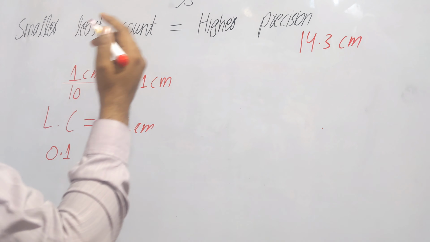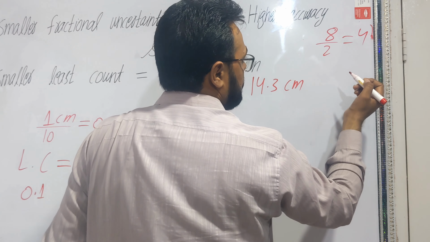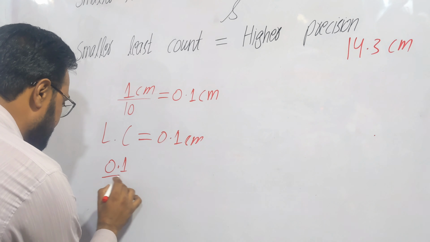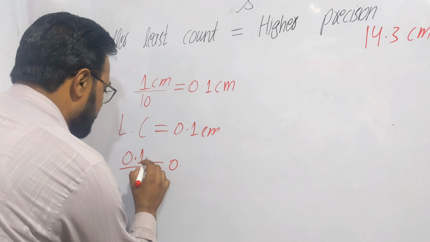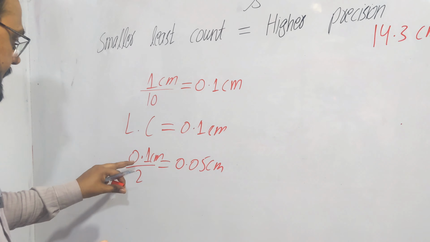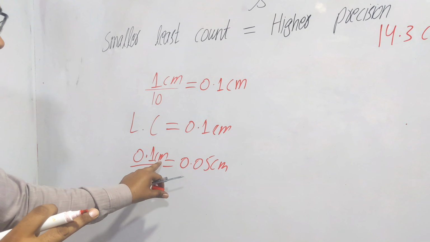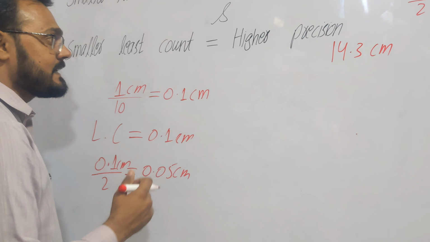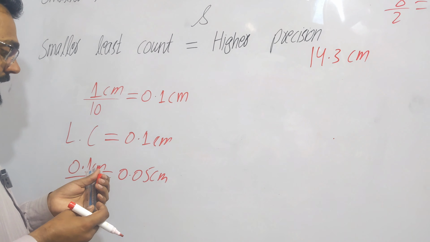Half of 8 is 4, 8 divided by 2. Similarly, half of 0.1 means 0.1 divided by 2, which is 0.05 centimeter. You can verify 0.1 divided by 2 by using a calculator. You will get 0.05 centimeter. 0.05 is half of the least count.